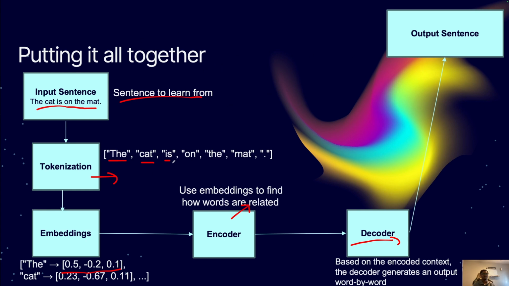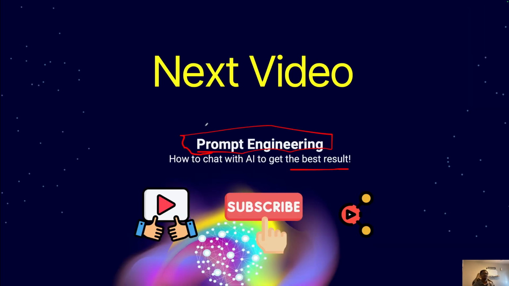Because the answer that you get from ChatGPT is as good as how well you can ask the AI question. Okay, so that's what we will do in the next video.